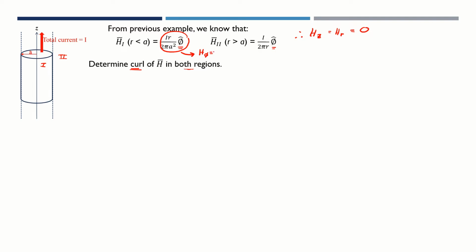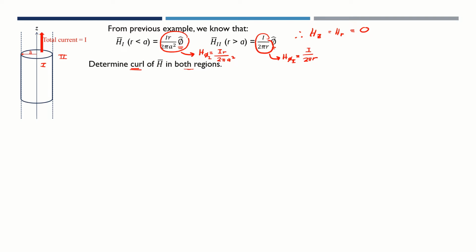H phi at region number 1 is equal to I r over 2 pi a squared, and H phi at region number 2 is equal to I over 2 pi r. H z and H r are equal to 0.